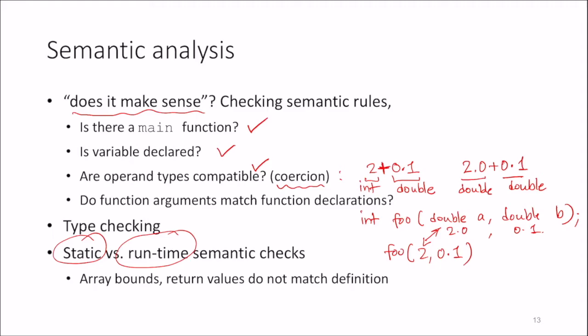It's a dynamic property. When you're running the program, you might access an array. So a runtime semantic check would insert the code necessary into the executable that would do these kinds of semantic checks. So C famously doesn't do that for arrays, but more modern programming languages do.